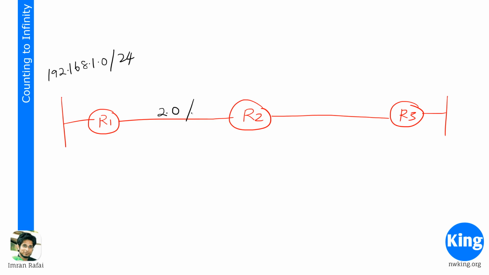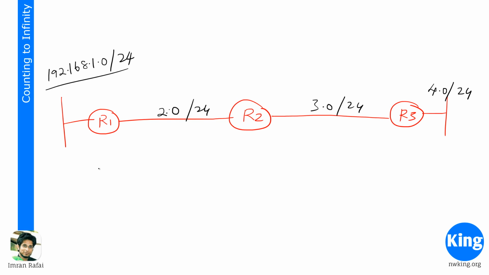This is 2.0/24. This is 3.0/24 and 4.0/24, right? When I say 2.0, it is 192.168.2.0. So that is the network we have, and we're only going to look at this one route, 192.168.1.0.